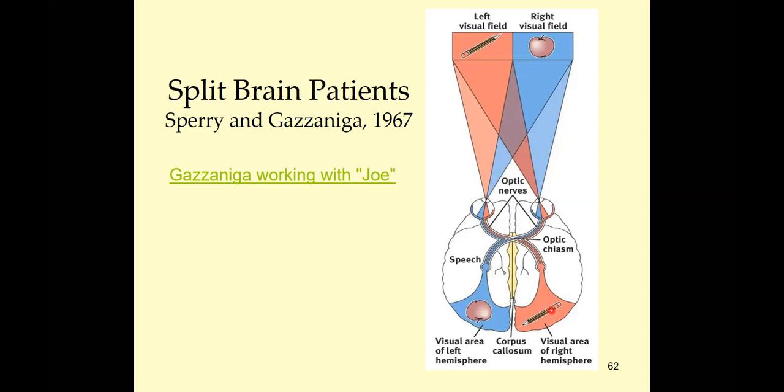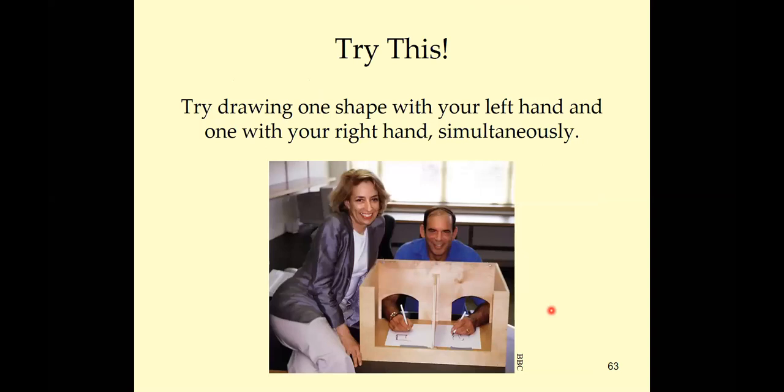Okay, so pretty strange, right? Yeah, and in fact, these folks are really interesting. They can, for example, draw a square and a circle simultaneously, no problem. You try to do that, you're gonna have a lot of trouble with that.